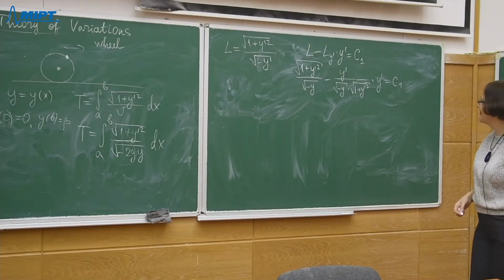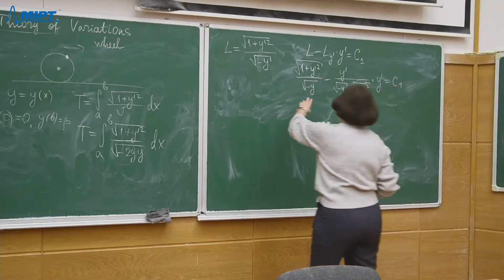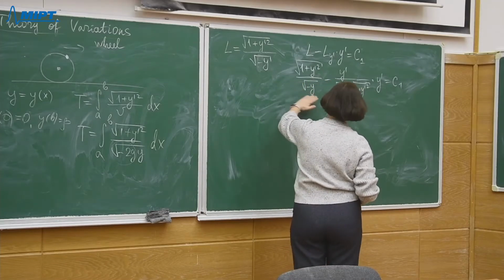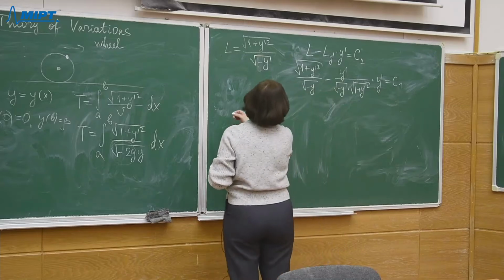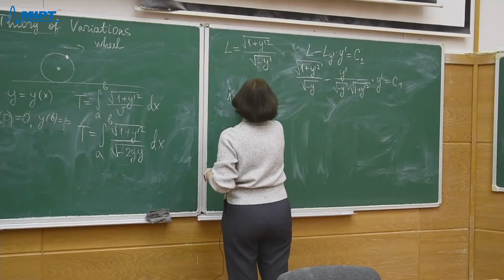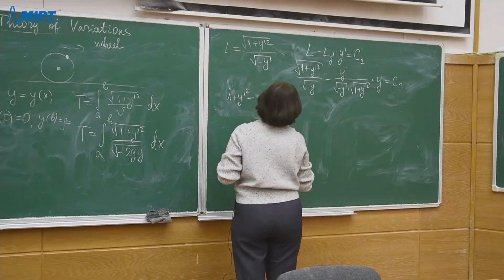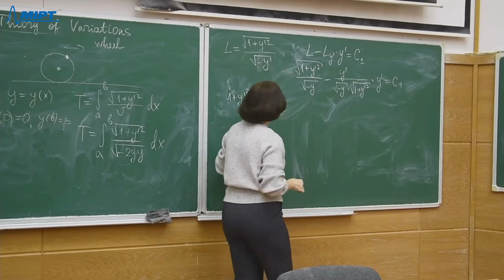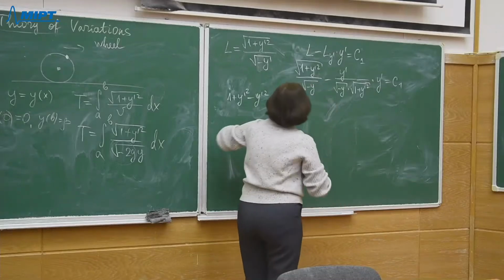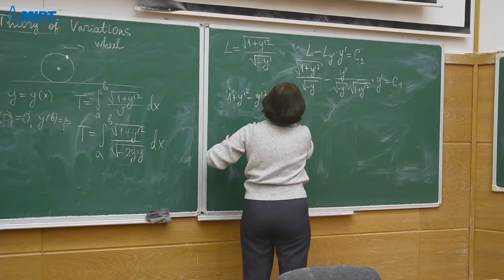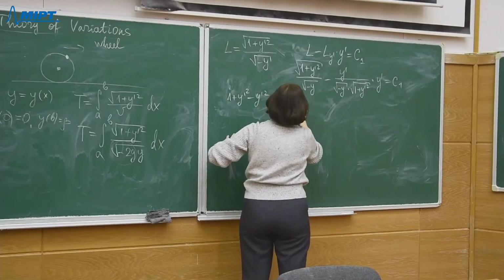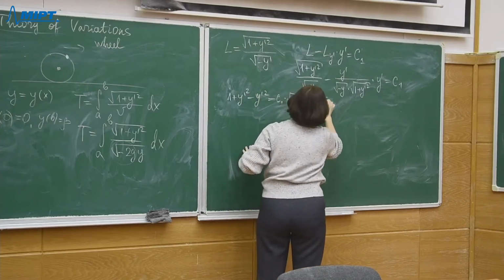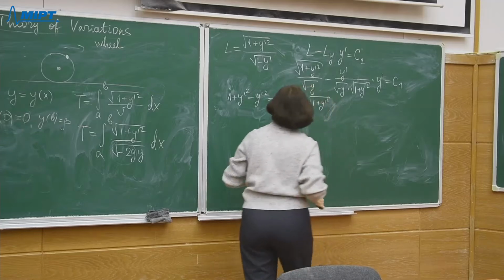What shall we do next? Let's simplify this. Let's multiply by the denominator, and we will get 1 plus y prime squared minus y prime squared equals C1 times root of negative y and root of 1 plus y prime squared.